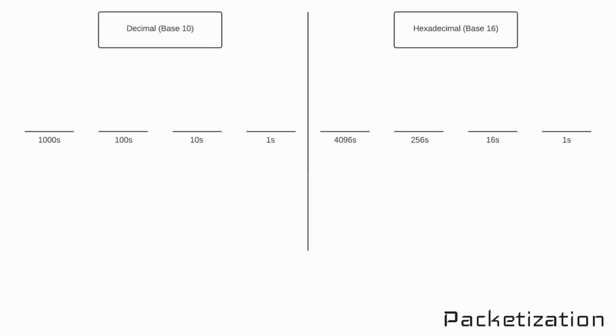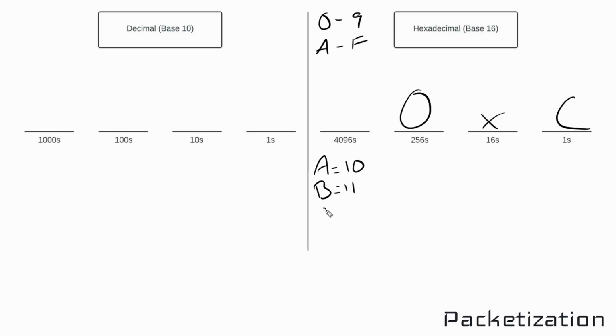So let's take a look at a couple of examples where we convert from hexadecimal to decimal. So as we went over, hexadecimal is a base 16 system where you can have the values of 0 through 9 or A through F. So if you have a hexadecimal value of 0xC, for example, the first thing we need to do is identify the value of C. And we went over before how A is equal to 10, B is equal to 11, and C is equal to 12.